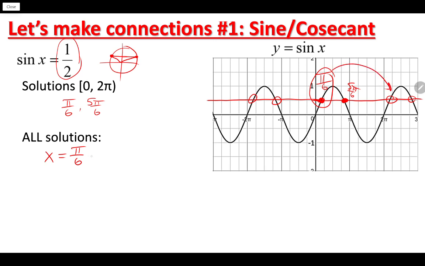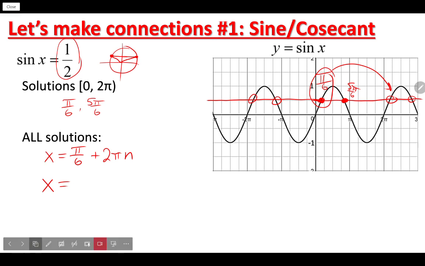That corresponding point would be 2 pi over, because the period of a sine curve is 2 pi. But remember, I could go 2 pi over, or I could go 2 pi over again, so 4 pi. I could go 6 pi over, I could go 8 pi. I could go in the negative direction. I could go 2 pi n away from pi over 6, and I will have another solution where n is any integer value, positive or negative.